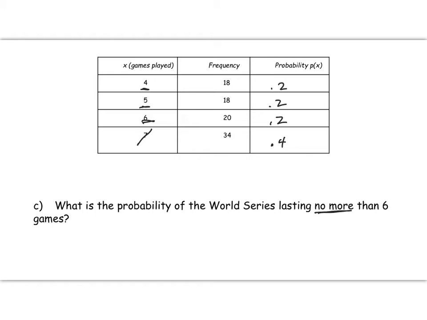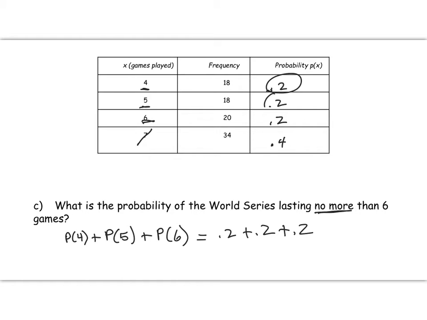So we're looking for the probability of 4, and the probability of 5, and the probability of 6, which is going to be 0.2 plus 0.2 plus 0.2, right? 7 is more than 6, and we want no more than 6, so we do not include that. So I get 0.6.